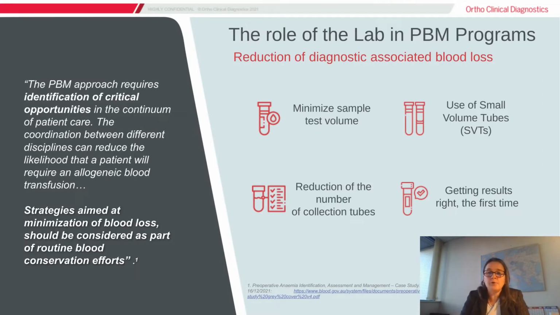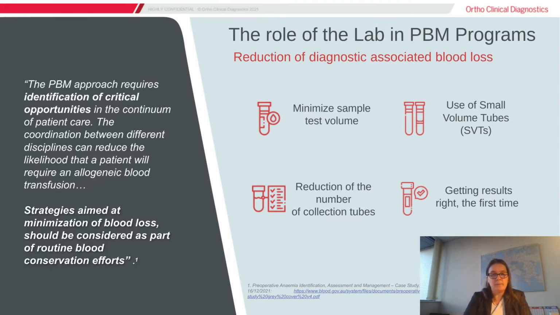This approach requires identification of critical opportunities in the continuum of patient care, and coordination between different disciplines that can reduce the likelihood that a patient will require an allogenic blood transfusion. Strategies aimed at minimization of blood loss should be considered as part of routine blood conservation efforts.